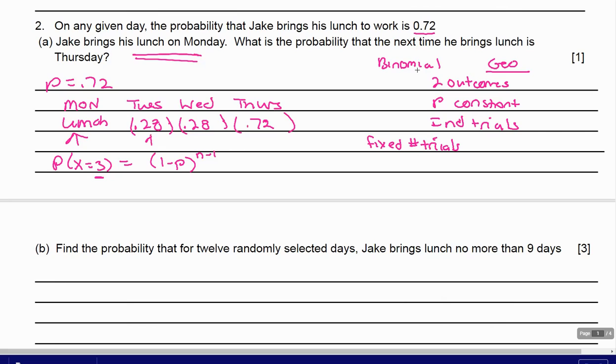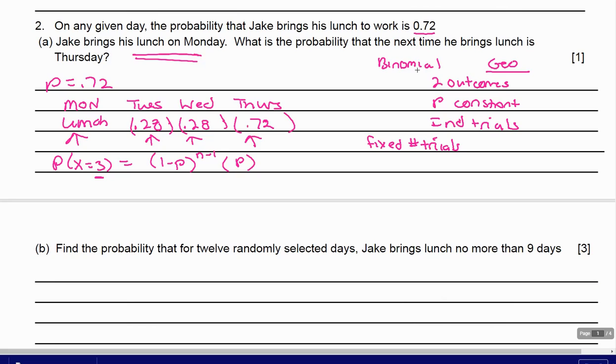That's this failure, and that's this failure. Happened twice, right? Then I'm going to multiply that times one success. That's this one right here. So what we're looking at really is the formula. 1 minus p, and see 3 minus 1, that's going to be to the second. Well, that's the same thing as 0.28 times 0.28, right?